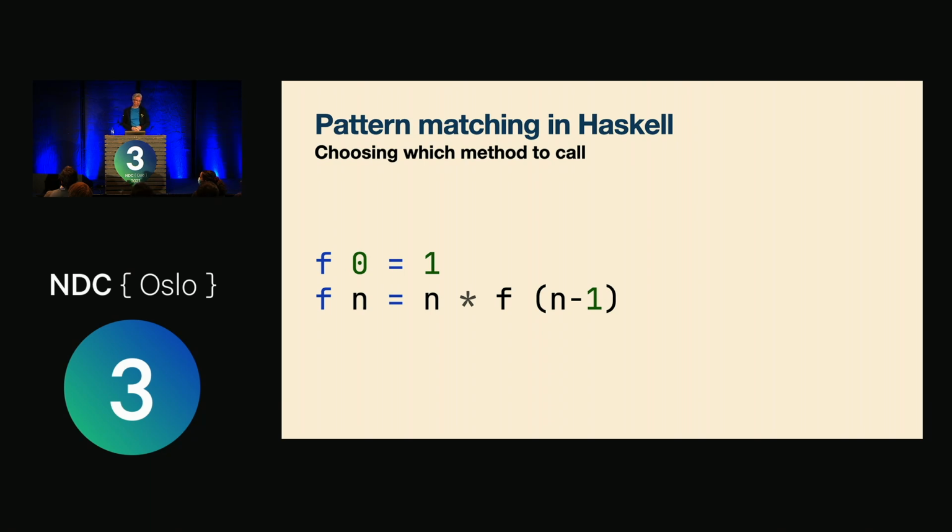And then we have another method declaration which has a pattern of n. And n is just going to match anything there, and it's going to bind the value that we have passed in there to the name n, and we can use that n inside the definition of the method itself there. So it's very interesting. You can do pattern matching for different things here. You can use it for working with data like that, or actually choosing which method to call.